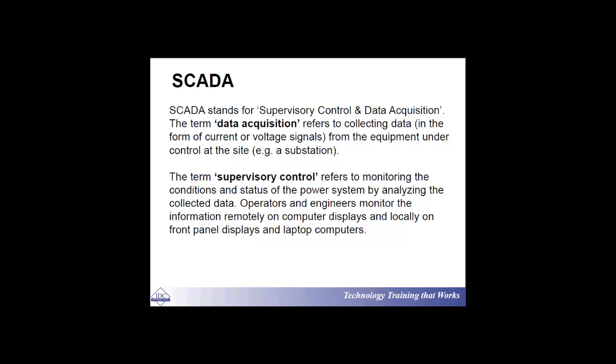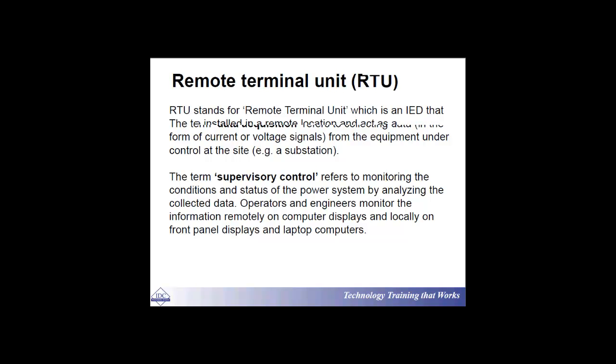So a number of RTUs can be connected to one single master station, or there could be some sub-master stations connected each to a number of RTUs, and then all these sub-master stations be connected to a master station. All right? So this is how it works in here.